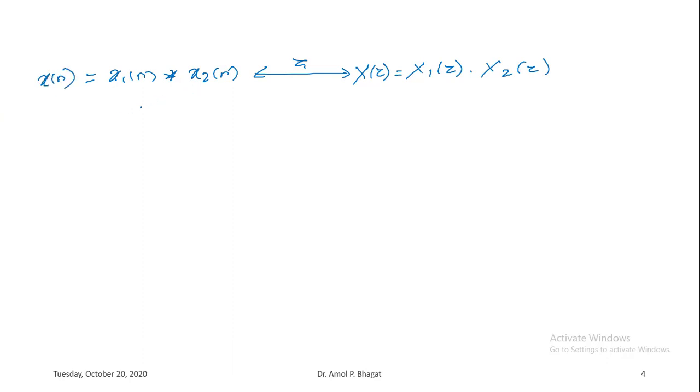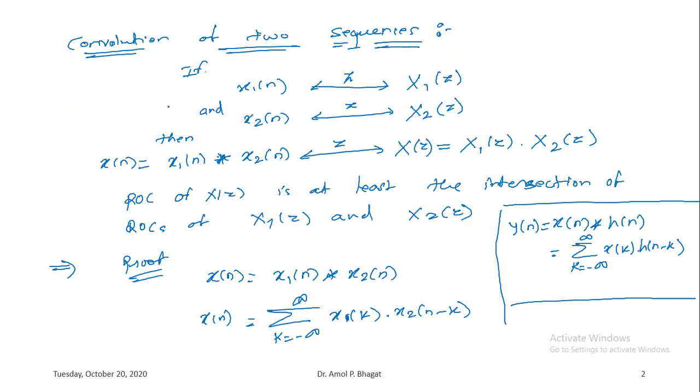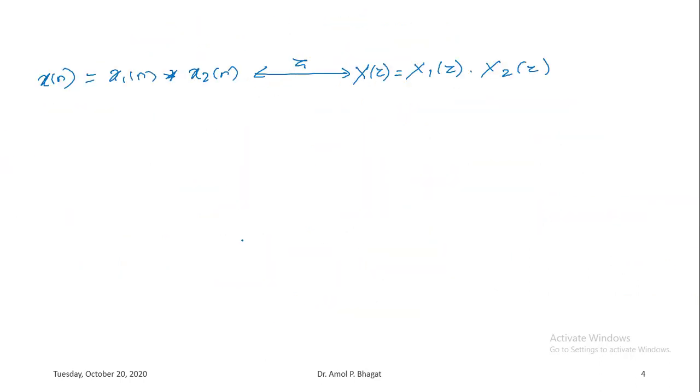So this is nothing but the convolution of two sequences. Again the ROC is at least the intersection of the ROCs of X1 of z and X2 of z, right? So this is the convolution of two sequences property of z transform.